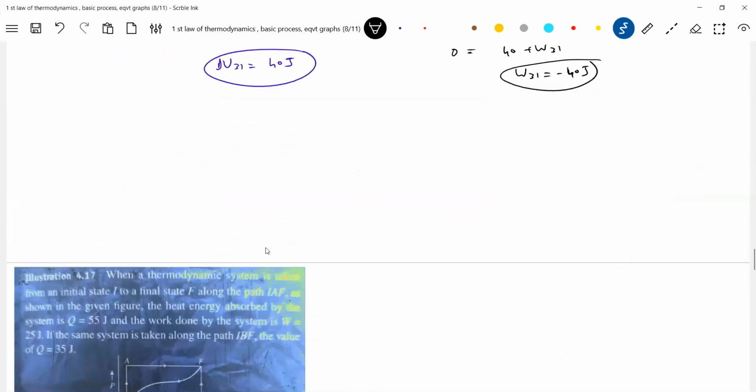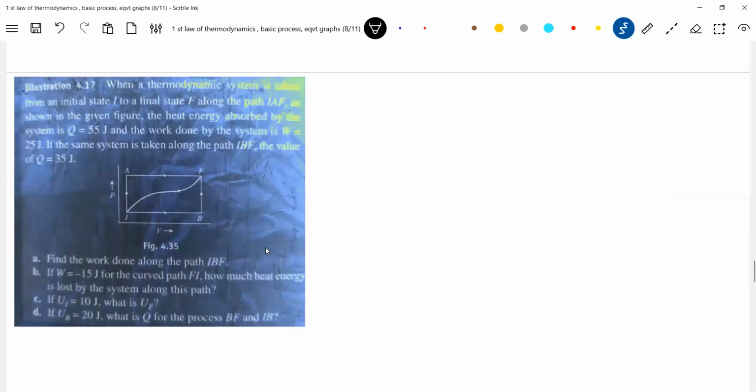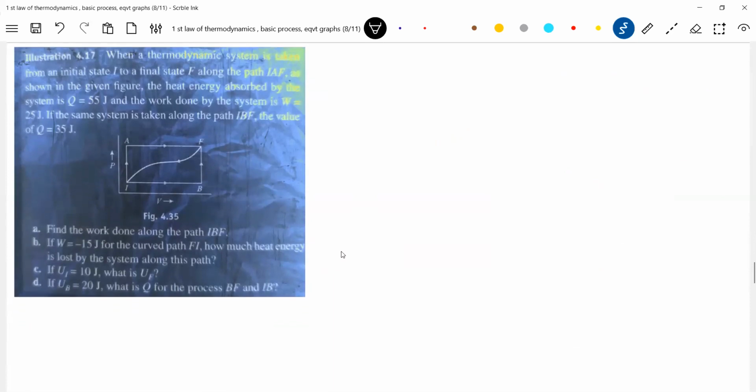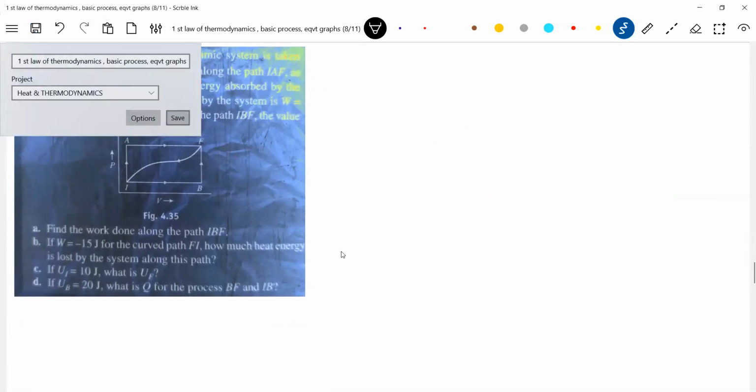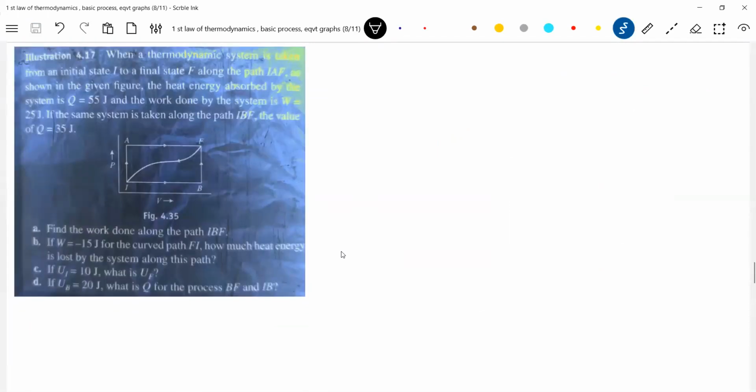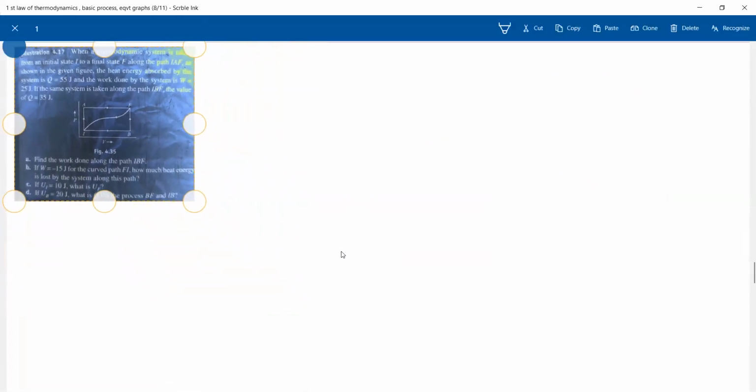Let me take similarly one more. I'll read the question. I'll minimize it so that we get space to draw the diagram.